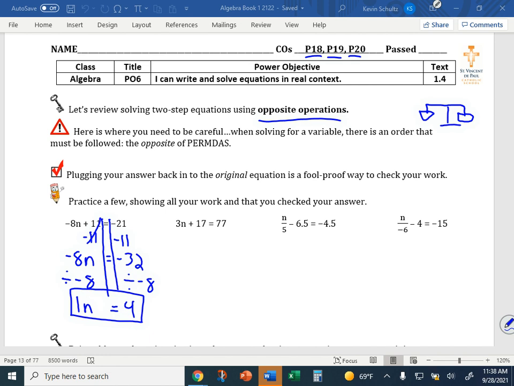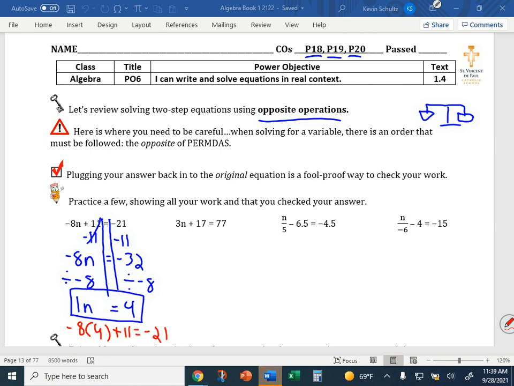How would you check your answer here to make sure that n does indeed equal 4? Right. Take that 4, plug it back into the original equation, and say, does negative 8 times 4 plus 11 equal negative 21?